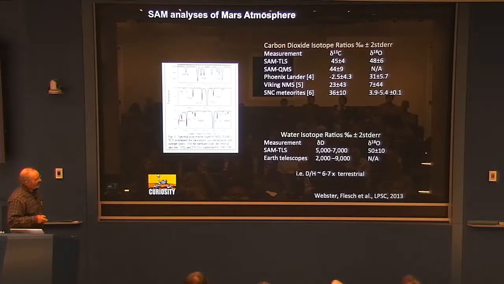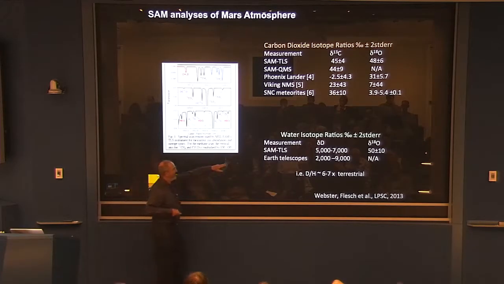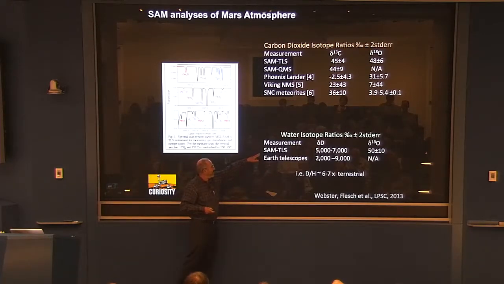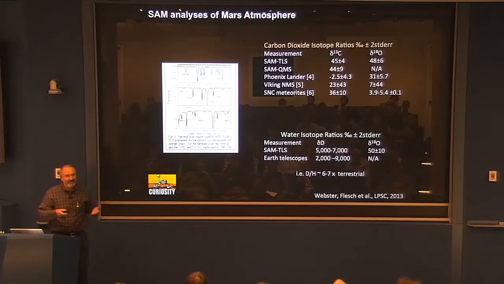And we can also get the isotopic composition of water in Mars' atmosphere. And those of you who are familiar with isotopic terminology, it has delta D values of 5 to 7,000 per mil. Now the standard for isotopic composition of water on the Earth is the ocean, and that's 0 per mil by definition.